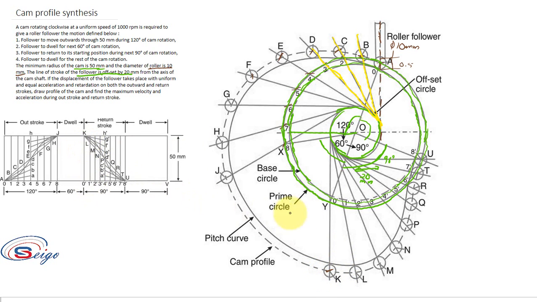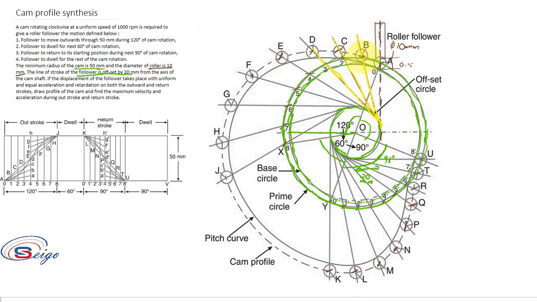Then 1-L, so 1 dash, so this is 1, 2, 3 dash, 4 dash, 5 dash, 6 dash, 7 dash and 8. 1-L, 2-M, 3-N, 4-P, 5-Q, then 6-R, 7-T and 8-U will be the same point. Okay, so the remaining is dwell.